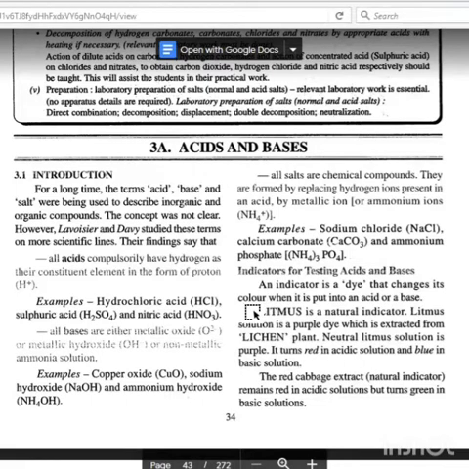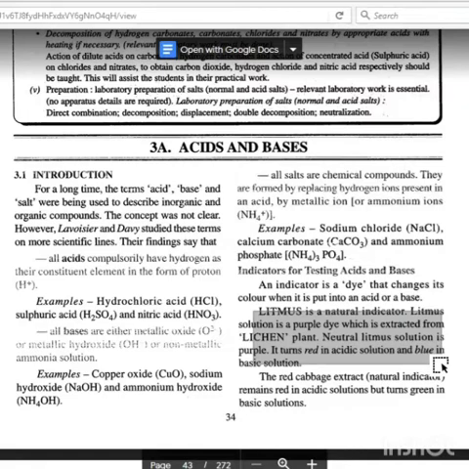First, I am starting with litmus. Litmus is a natural indicator, a purple dye. It comes from the lichen plant. Normally in biology you are studying the lichen plant. If your solution is neutral, then the color will show purple.